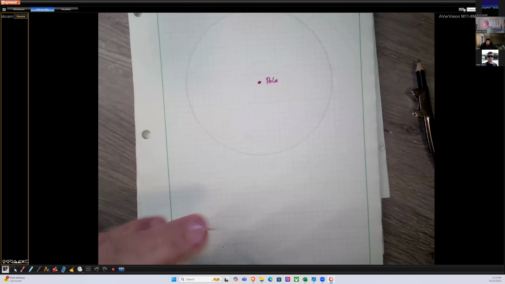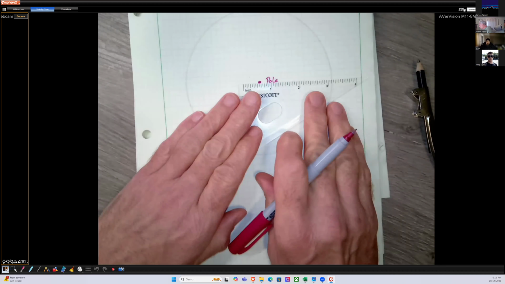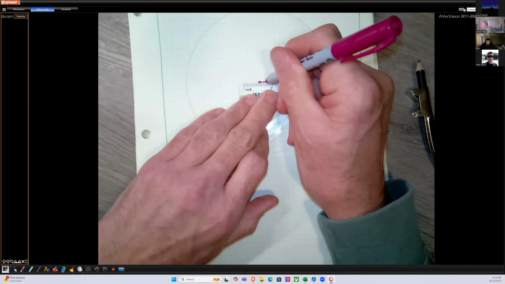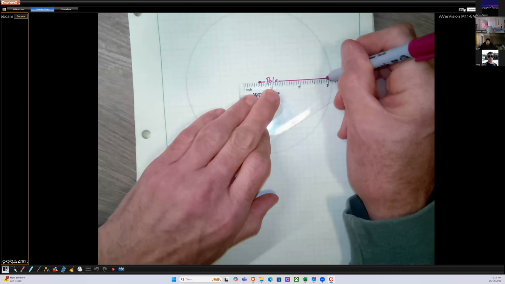Let's say this is the line that goes through Greenwich, England. What is the longitude of that line? Zero.